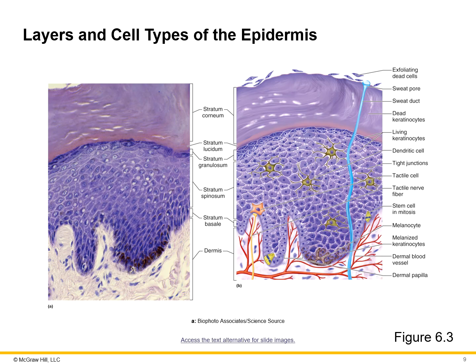In the stratum spinosum, we're going to find those living keratinocytes and some of those dendritic cells. Within the stratum basale, we will have the tactile cells, the basal stem cells that are in mitosis, the melanocytes, and then down below, in the dermis, we'll have the tactile nerve fibers, the dermal blood vessel, and the dermal papilla.